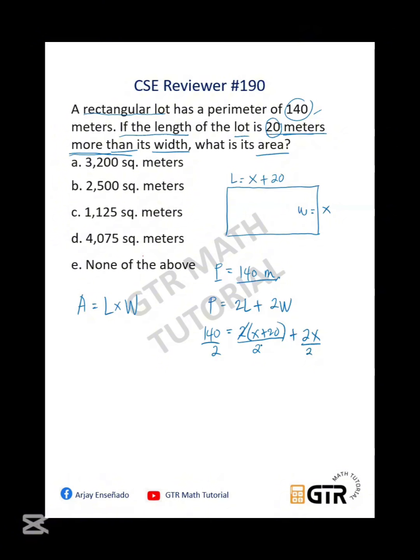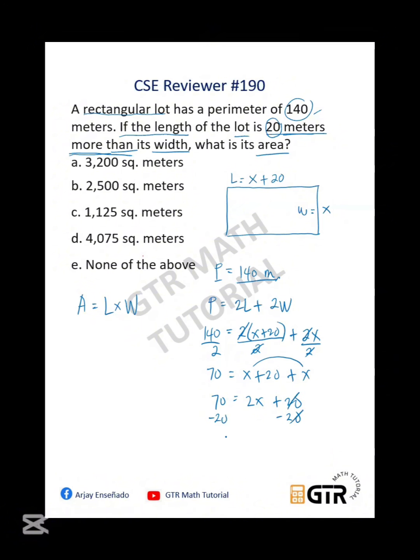Okay, so cancel out the 2, also the 2 in here, and then 140 divided by 2, that is equal to 70. So 70 is equal to x plus 20 and then plus x. So combine the x. So we have 2x plus 20 and then that is equal to 70. Subtract 20 to both sides.